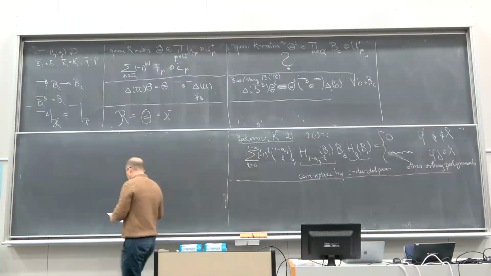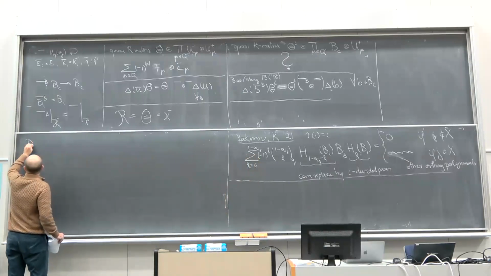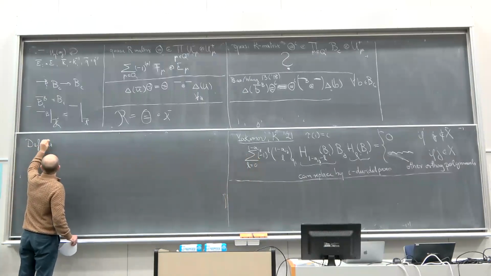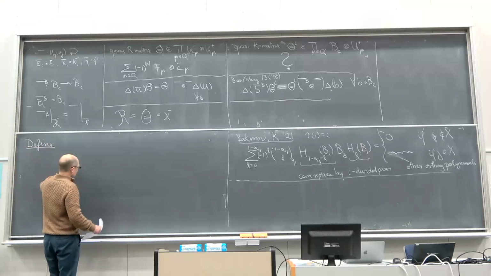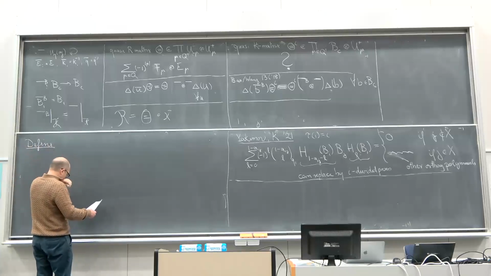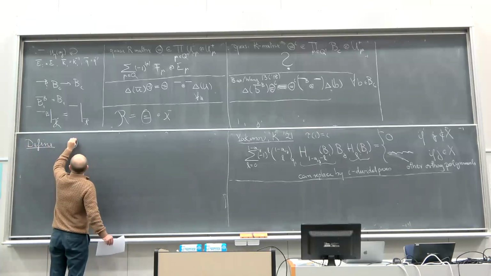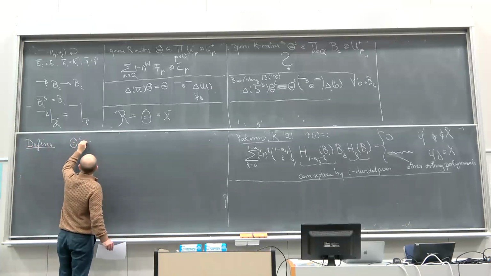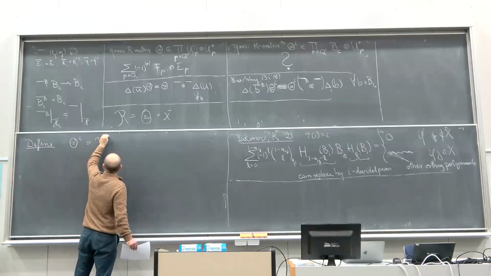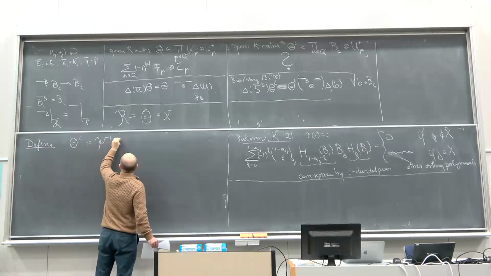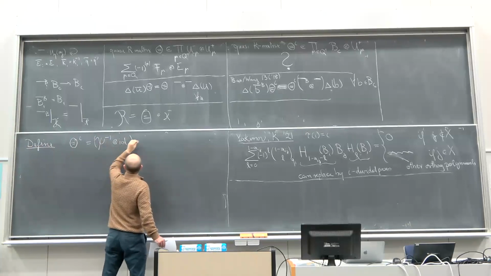So we define this always. We define this to be psi to the -1 tensor identity of theta.